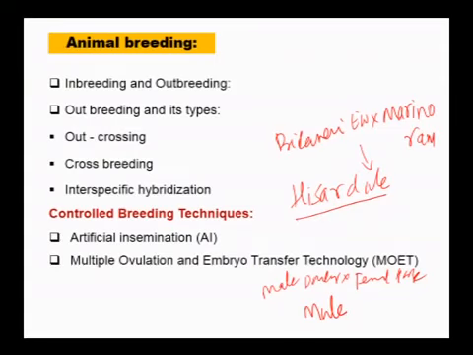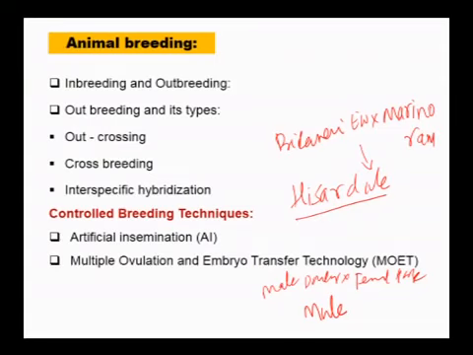These superior cattle produce 6 to 8 eggs per cycle, and these 6 to 8 eggs can be fertilized by artificial insemination, and the zygote or embryo that are formed are transferred to the surrogate cows.